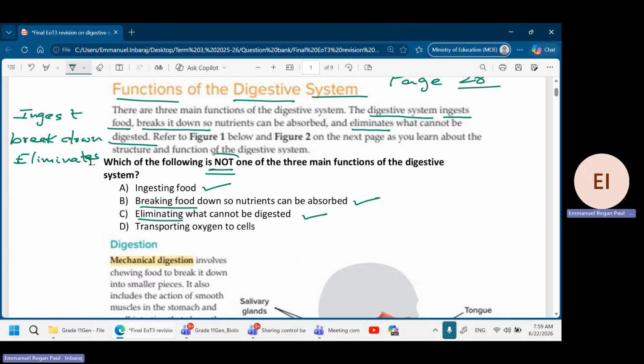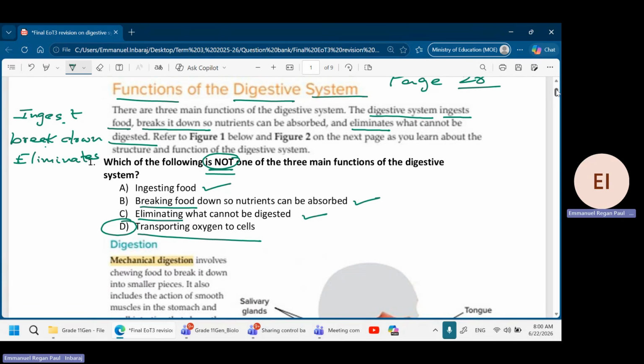So which is not the function? Transporting oxygen to the cell. This is your answer, because this is not a function of the digestive system. So it's going to be easy. You need to study only three functions: ingestion, breaking down, and eliminating food.